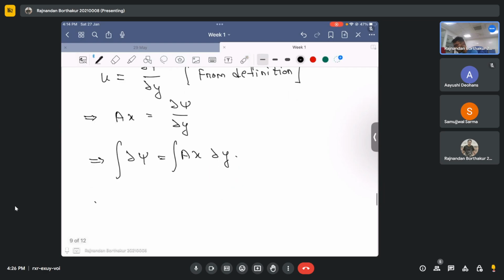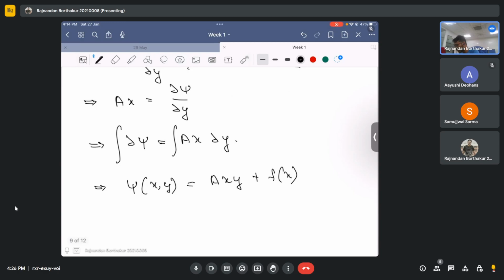So psi, which may be a function of x and y, becomes axy because we are integrating with respect to y. Since we are integrating with respect to y, there has to be an f of x here, which is some arbitrary function of x. This is the rule of how we do partial integration. Now psi becomes axy plus f of x.